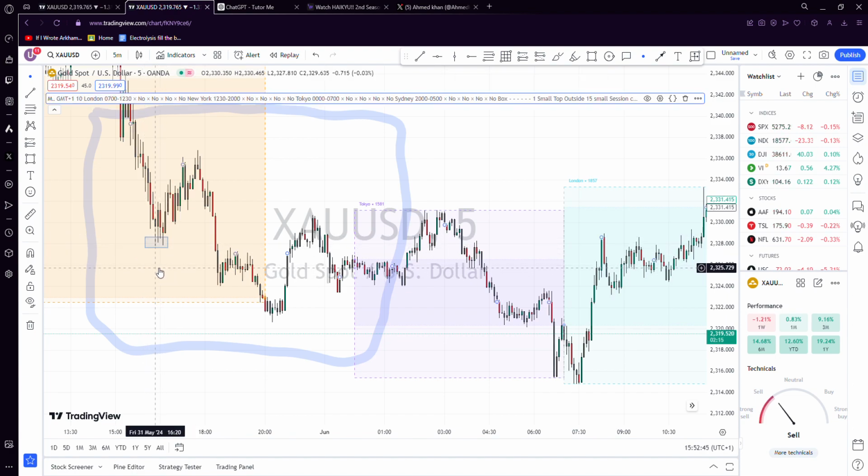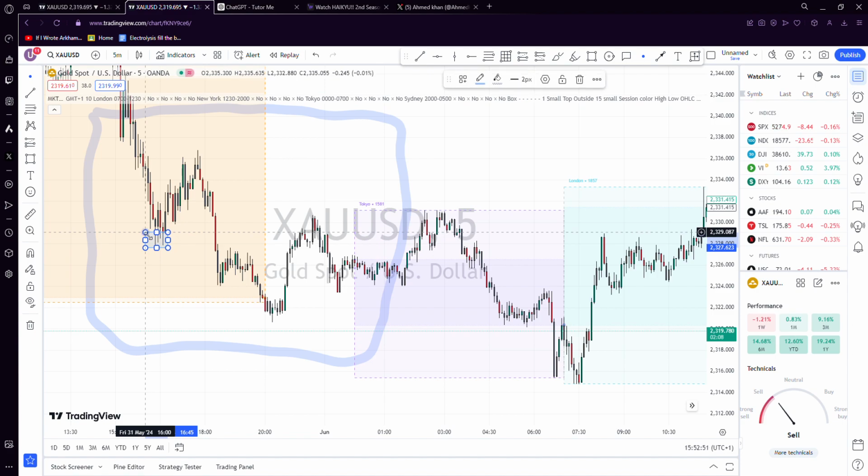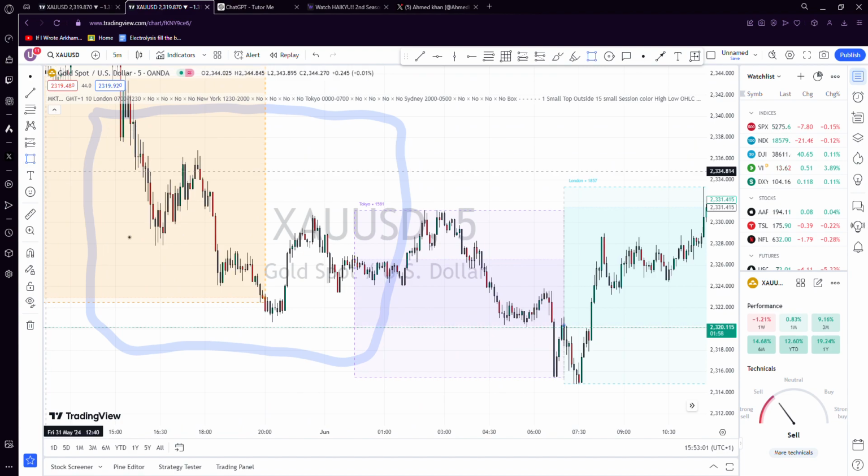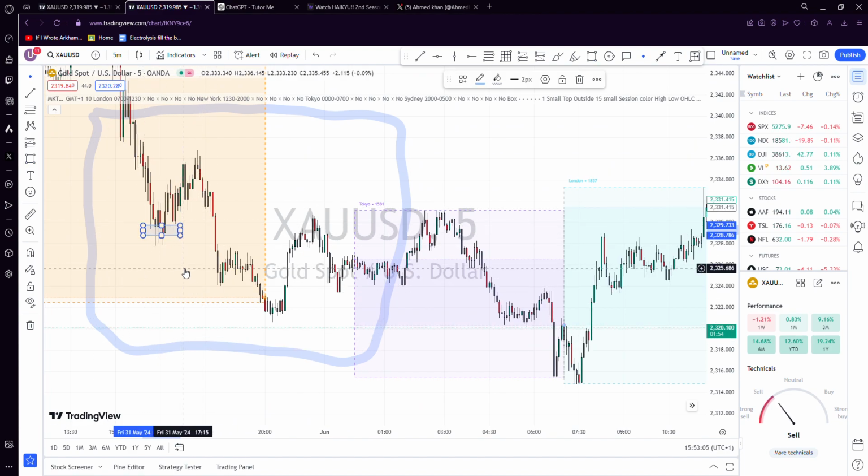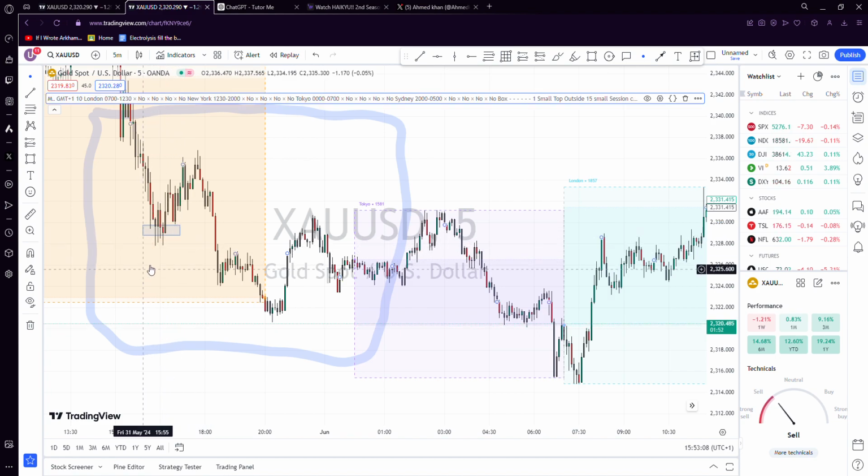You want to draw it from the bodies, yeah? High, low, low, high from the bodies. You don't need to include the wick. Let me just show you, because we have to get faster at this stuff, yeah? Look, draw for the bodies there. It includes the bodies, and a little bit of wick can be in there.